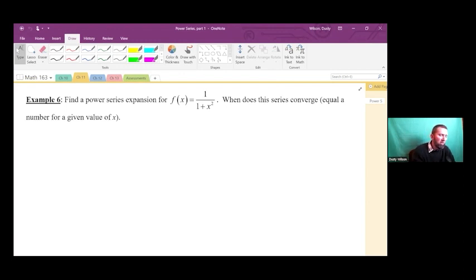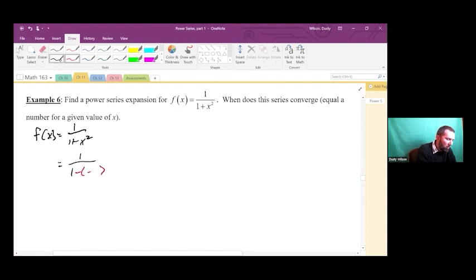So if we want to make this thing look like the geometric series, since it's our one tool, let's play as follows. We can have our f of x, which is 1 over 1 plus x squared. And this will be the same thing as 1 over 1 minus a negative x squared.